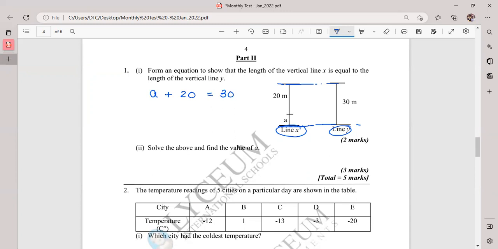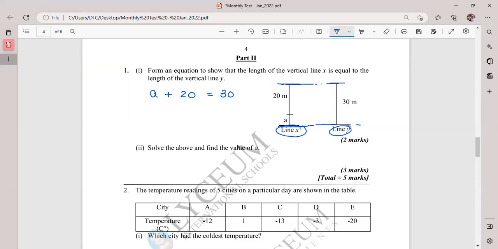And line X has the same length, but it is segregated into two portions, A and 20. When you add A and 20 together, that should be equal to 30. When you look at the image, you can see these two lines are equal in length, and we want to prove it using an equation. Then this is the equation.